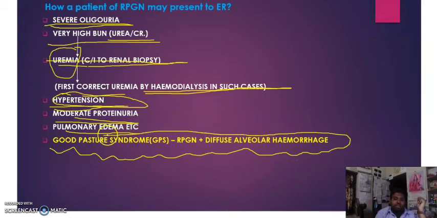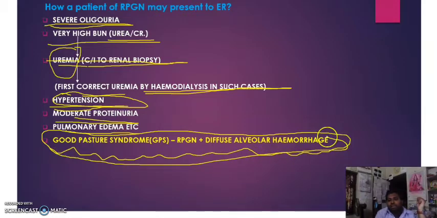Goodpasture syndrome is caused by anti-glomerular basement membrane antibodies, and it also affects the alveolar basement membrane. So RPGN ensues, and diffuse alveolar hemorrhage ensues, which results in hemoptysis.